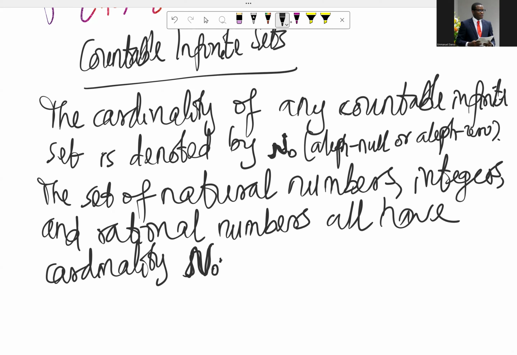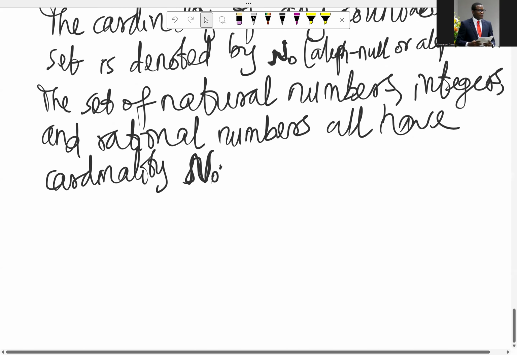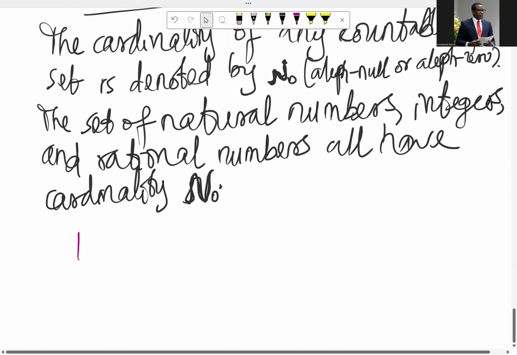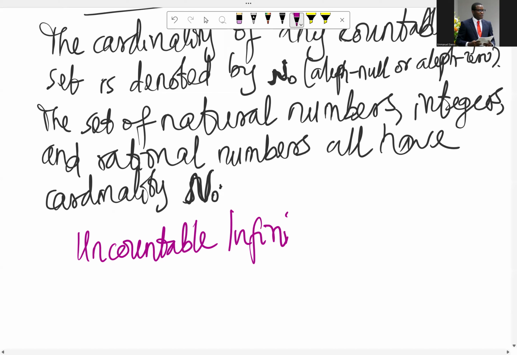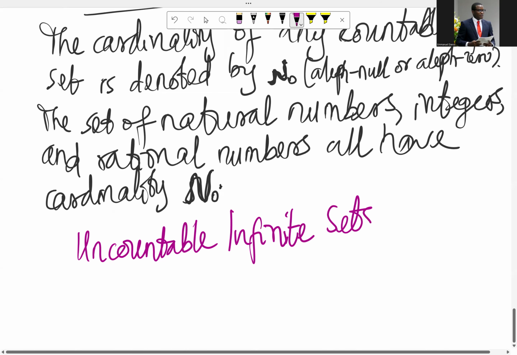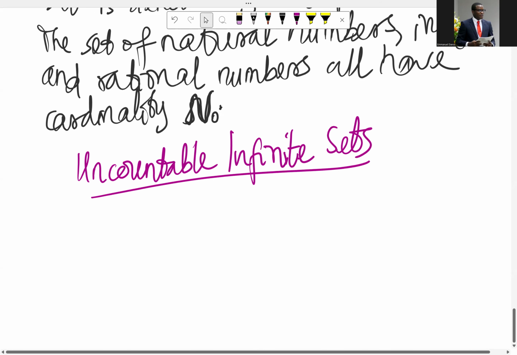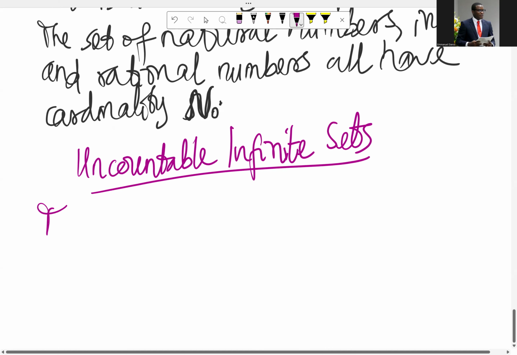Okay, so now that takes us to the uncountable infinite sets. How do you talk about their cardinality? Uncountable infinite sets.